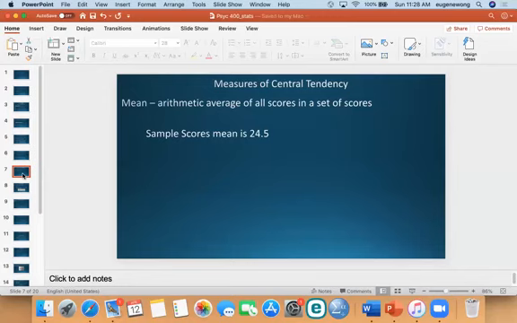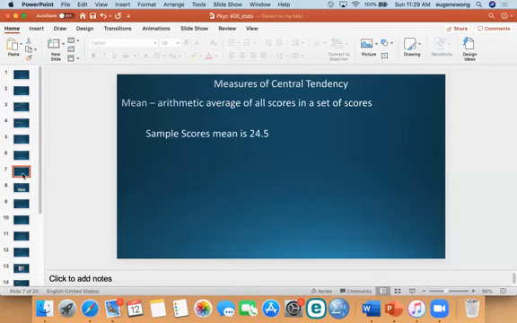Okay, so again, remember, with our measures of central tendency, the idea is we're going to describe a set of scores using one number. In the case of a mode, we're going to use the most frequently occurring number to describe the set. In the case of the median, we're going to use the middle number in the distribution of scores that is ordered from lowest to highest to represent the whole set of scores.